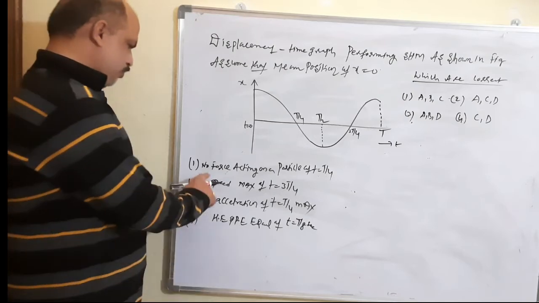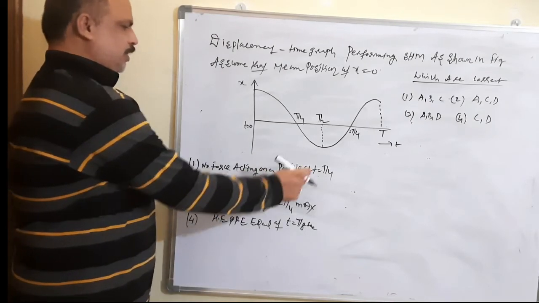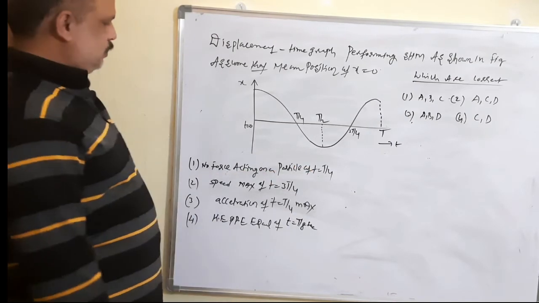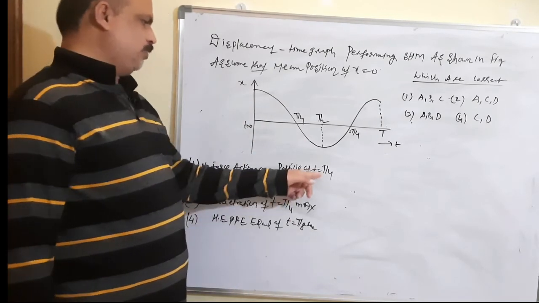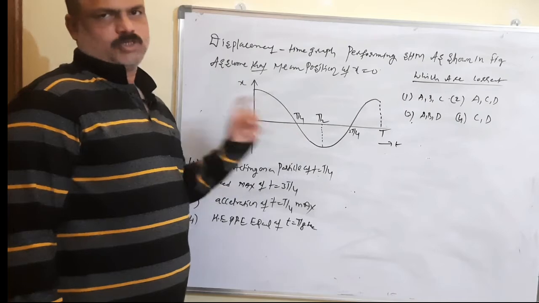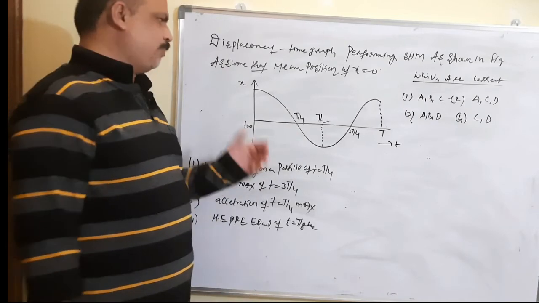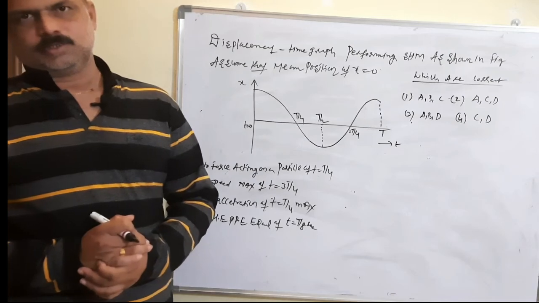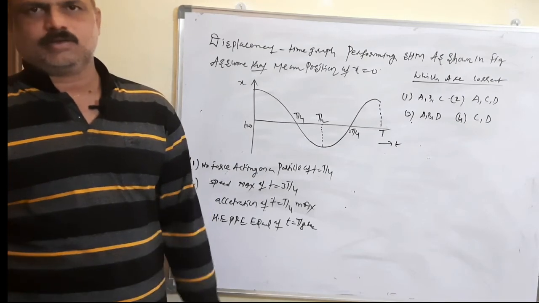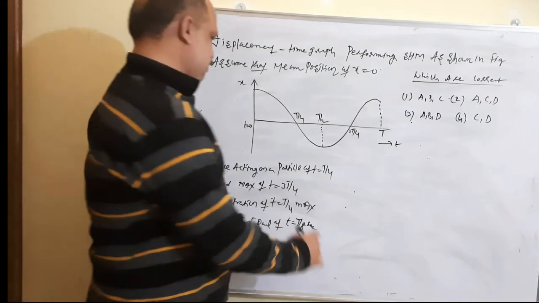Let us check. No force is acting on the particle at t is equal to T by 4. So observe the graph. At t is equal to T by 4, the particle is at the mean position. Whenever the particle is at the mean position, no force is acting on it. So this is correct.